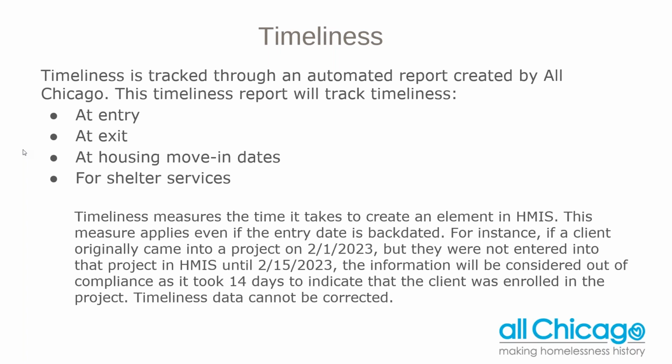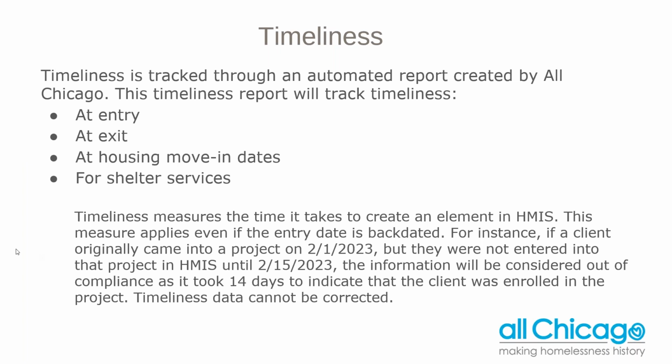For instance, if a client originally came into your project on February 1st of 2023, but they were not entered into that project in HMIS until February 15th of 2023, the information will be considered out of compliance, as it took 14 days to indicate that the client was enrolled in your project. Again, timeliness cannot be corrected, so the report that you receive is more of an FYI than a call to action.